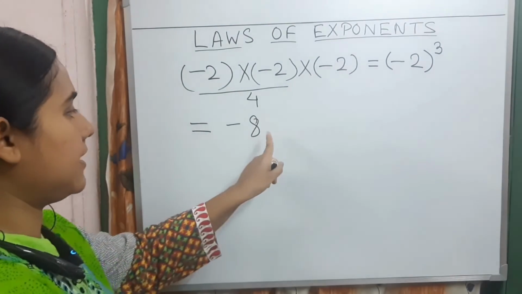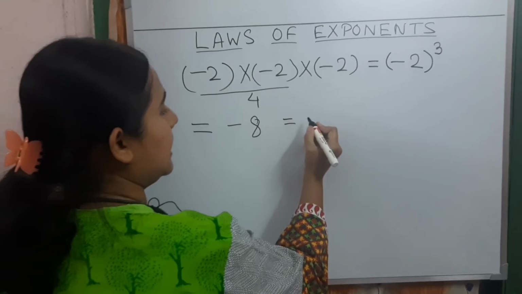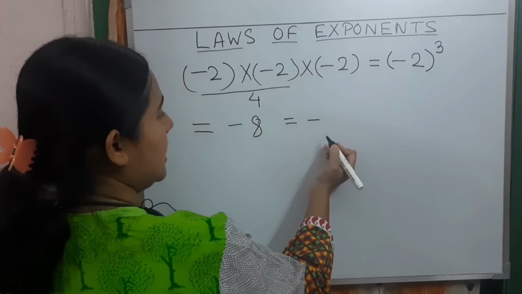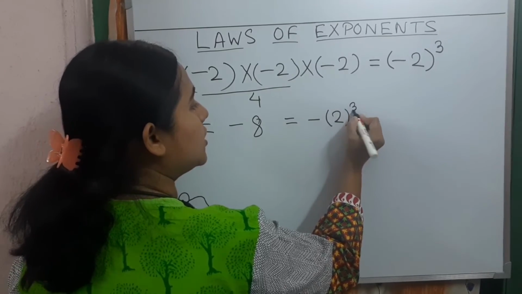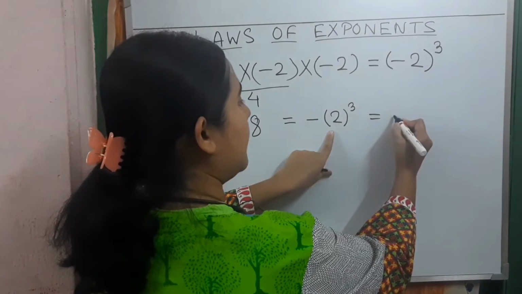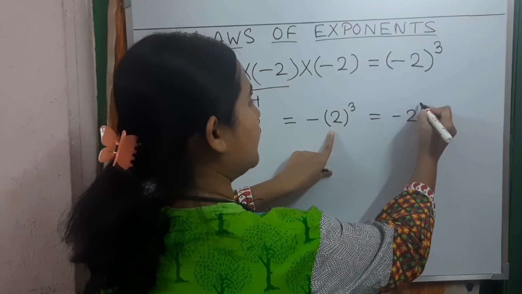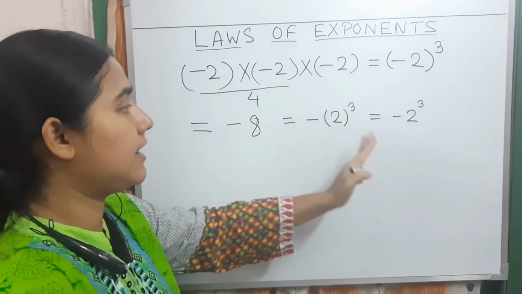So can I write this negative 8 like minus 2 to the power 3, whole cube, or without this bracket we can also write it like minus 2 whole cube? Yes, we can write it.